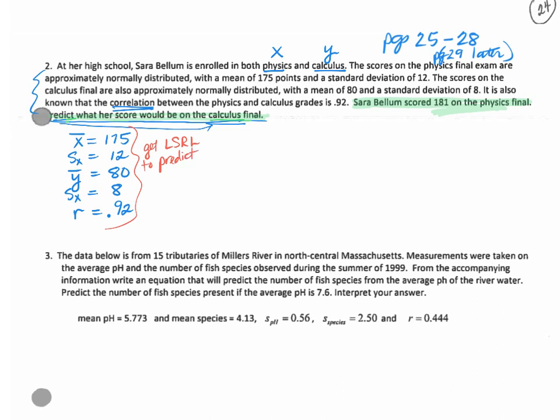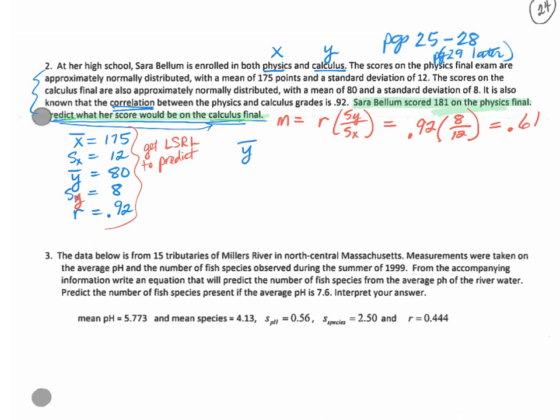So this is that second topic we had covered. The first thing we're going to do is get the slope. Here's the formula: correlation times S of y over S of x. So if I plug that information in, here's what I get. Comes out to a slope of 0.61.